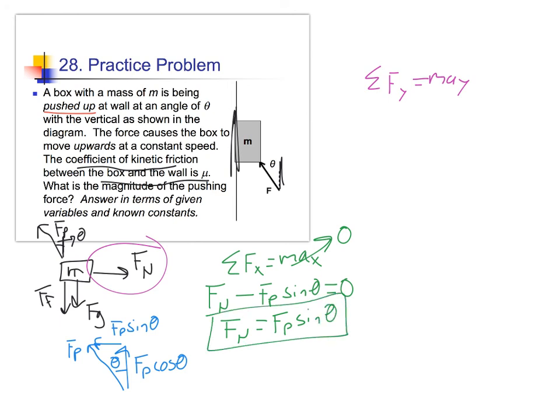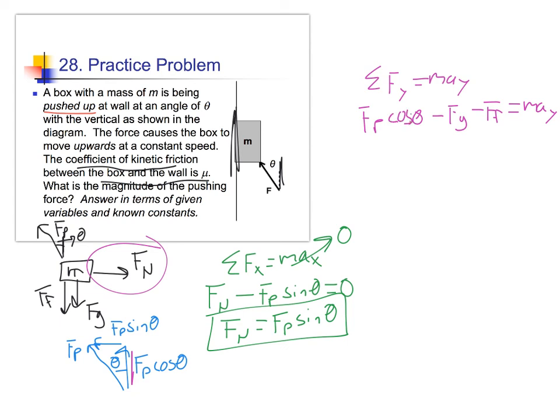Moving on to my y, what forces do I have acting in the y? Well, we have Fp cosine of theta. That's our one vertical force right here. We have the force of gravity going down, and in this case we also have friction going down. And that's going to be equal to the mass times the y acceleration of the object.